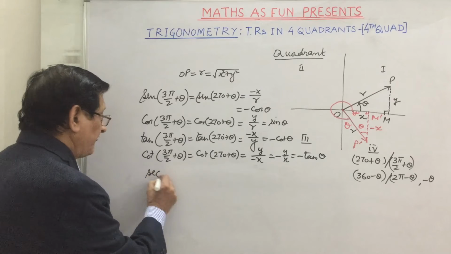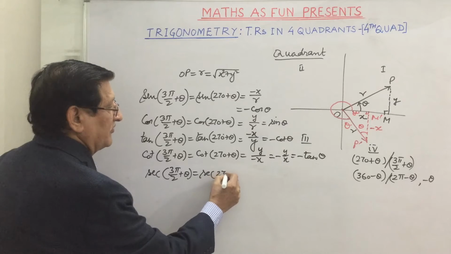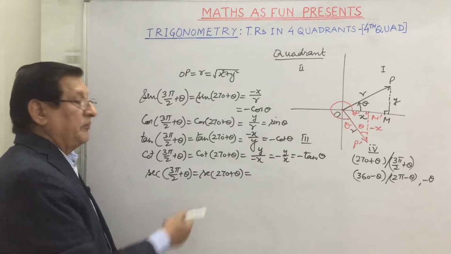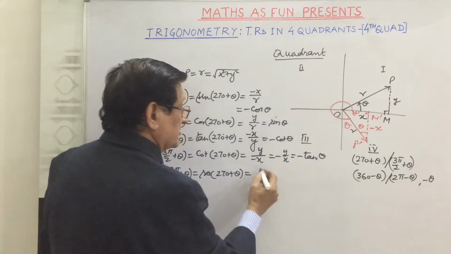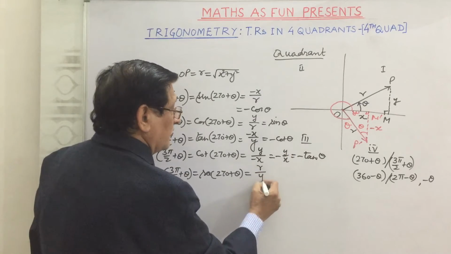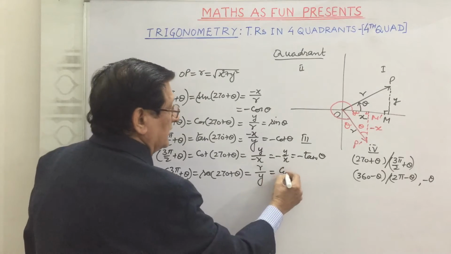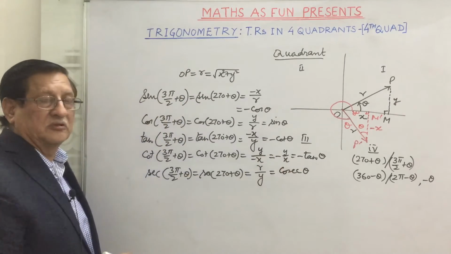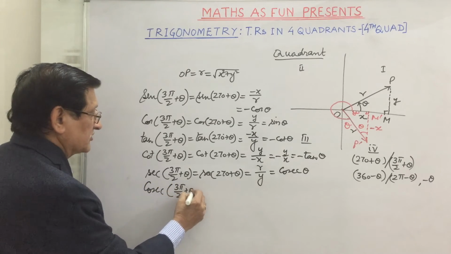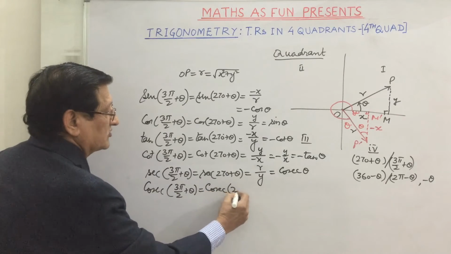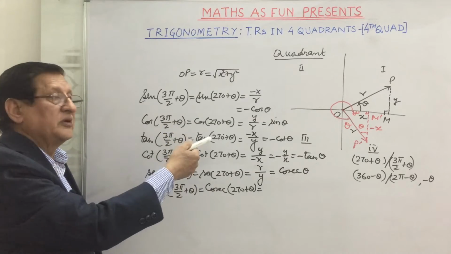Then sec of 3 pi by 2 plus theta or sec of 270 plus theta will be hypotenuse upon base. Hypotenuse is r, base is y, r upon y. And from here, r upon y is cosec theta. So this comes as positive cosec theta. Cosec of 3 pi by 2 plus theta, or cosec of 270 plus theta, is hypotenuse upon perpendicular.